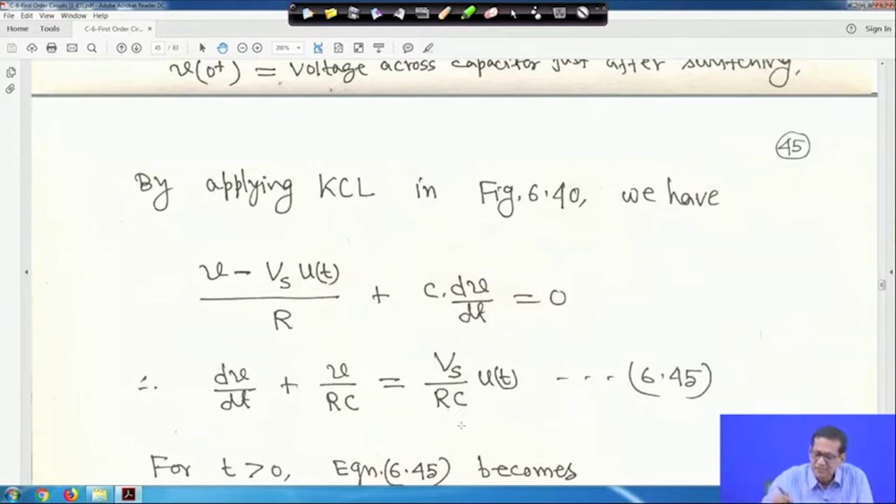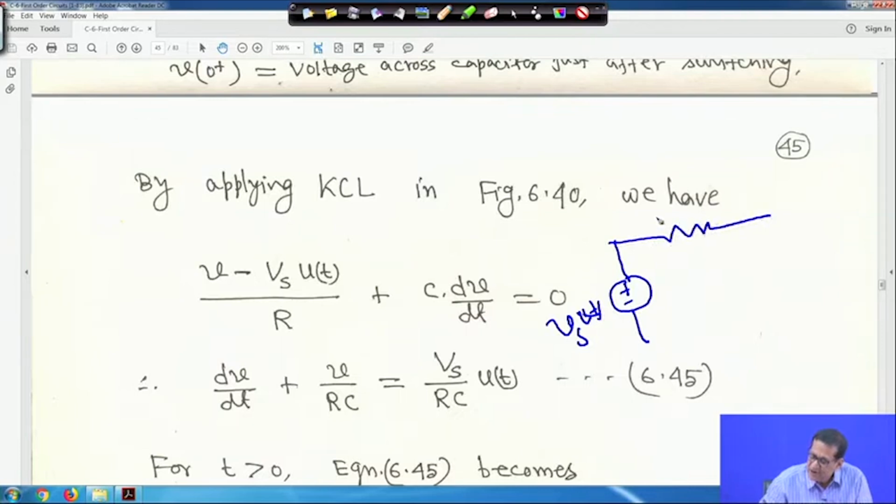Actually, the circuit was like this, no? I am drawing it here. This is your Vs u(t), right. This was your R, and this side it was your capacitor, and plus minus this voltage was V, right.